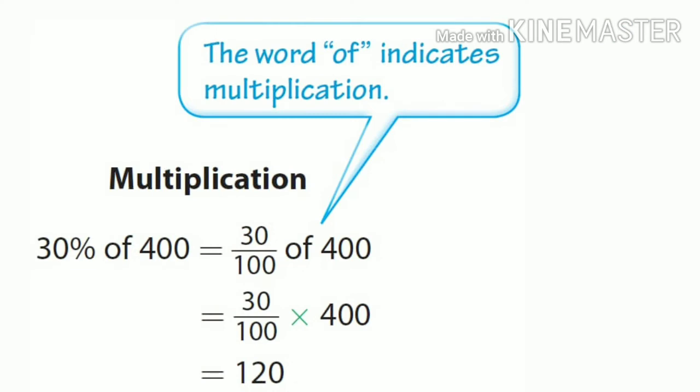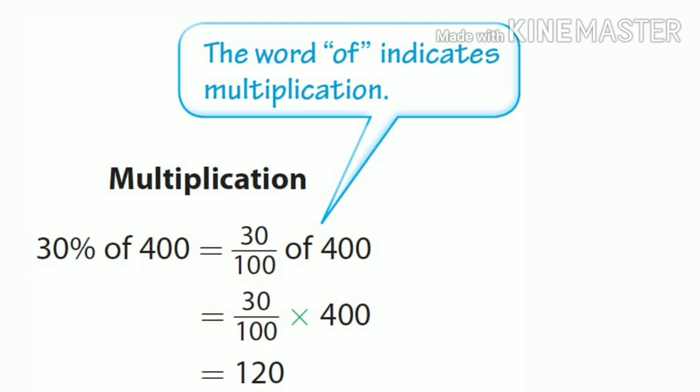Let us see few examples. First example, 30% of 400. So first we will convert percent into a fractional number. So 30% will be written as 30 by 100 and of means multiplication.